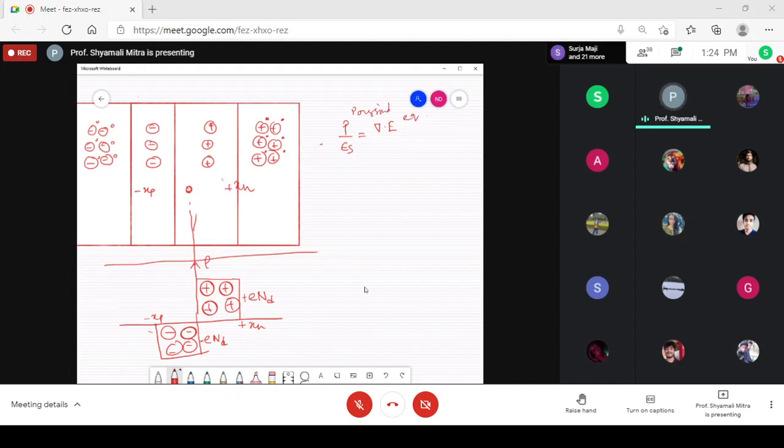Up to this, it is clear to you? We can write it in a different way, del E of x. Again, we know the electric field is the negative differential of potential, so d dx of phi x, where phi x is the electric potential.